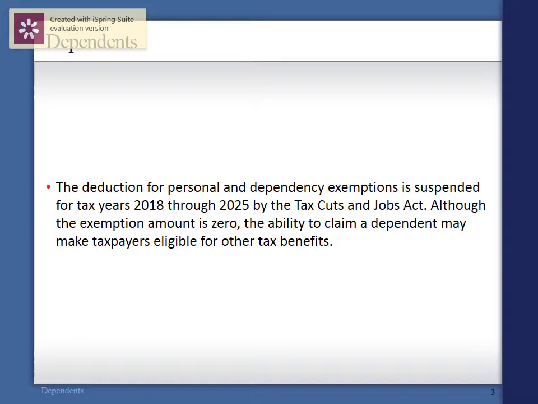However, taxpayers are not entitled anymore to receive a personal exemption deduction, because that has been phased out by the new tax law for the years 2018 through 2025. So why does the number still exist? The number exists because we need to use it to measure when we are applying our dependency tests.